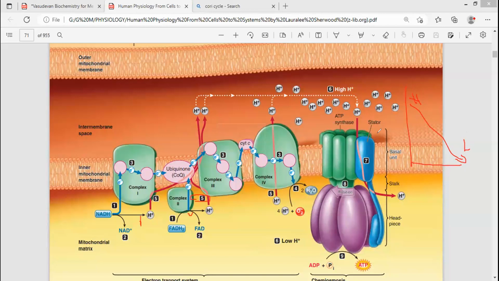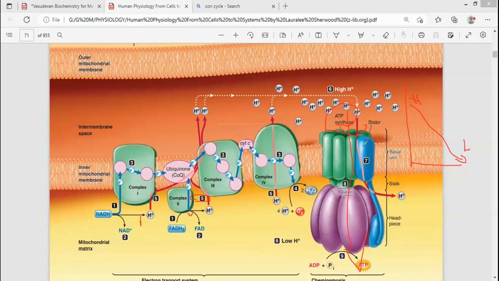Now these hydrogen ions will move through this last one. Remember, this is not a complex. We call this ATP synthase, right? So as these hydrogen ions are moving from areas of high concentration to areas of low concentration, this flow of hydrogen ions will act as a source of energy.